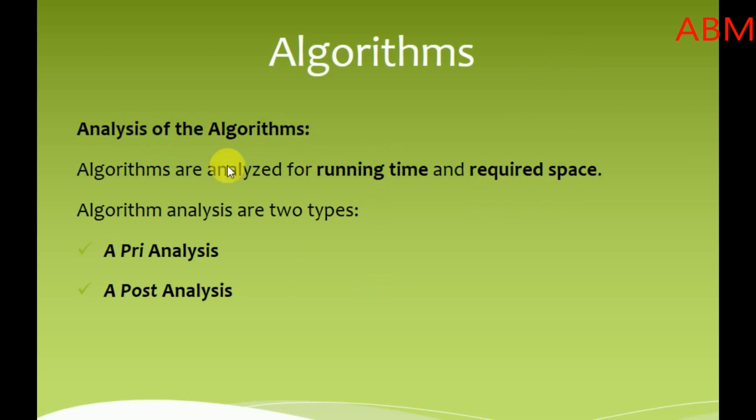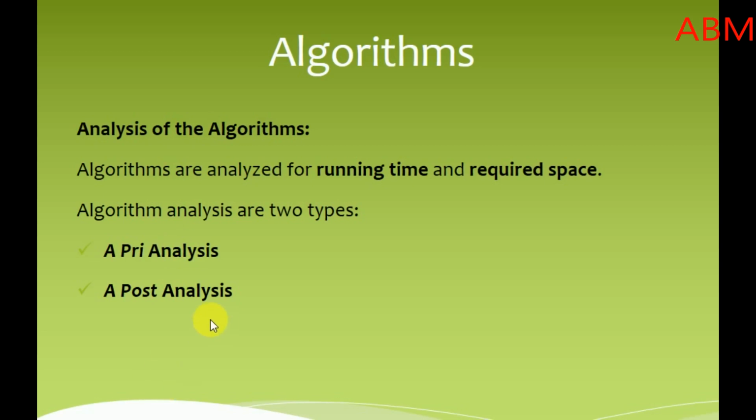When we analyze the algorithm, we analyze it at two points: pre-analysis and post-analysis. Pre-analysis means analyzing before writing the program, when we write the algorithm. We find out its running time and the space required. The pre-analysis is a theoretical work to calculate the running time.